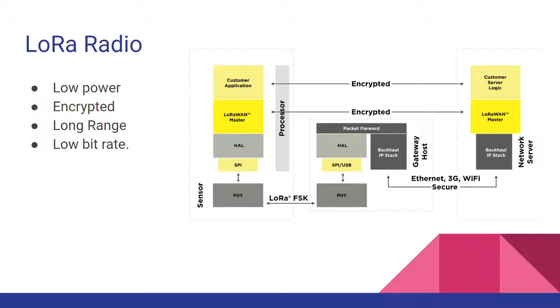So this figure here kind of gives you an overview of a system that would be implemented with LoRa. So this kind of has a gateway, a node, and a server all in it. And this shows the end-to-end encryption you get with using the LoRa radio as a packet forwarding mechanism.